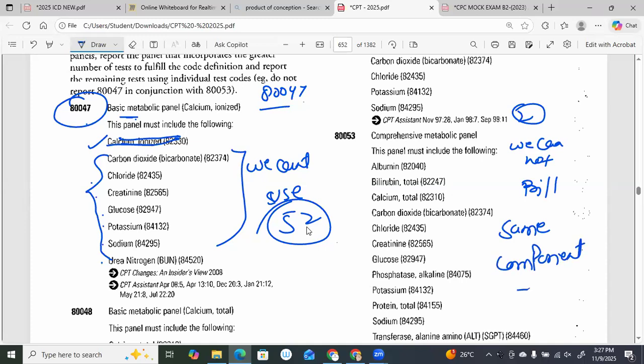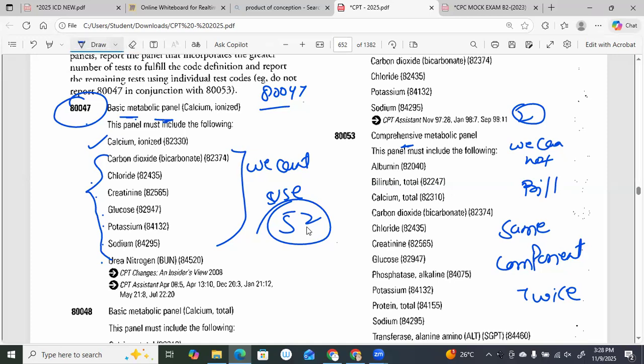Same component twice. Let's say the doctor ordered a basic metabolic panel and a comprehensive metabolic panel. We see the same type of components in both, except for calcium ionized.